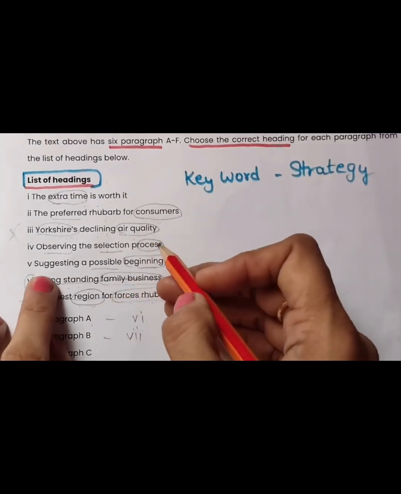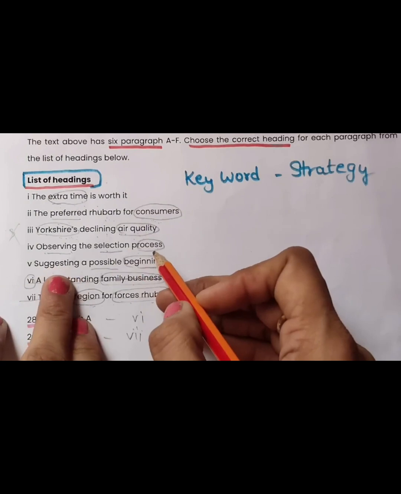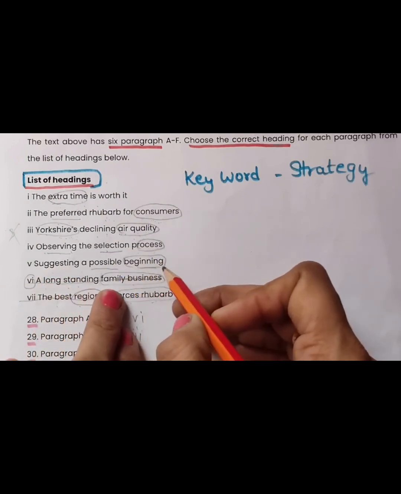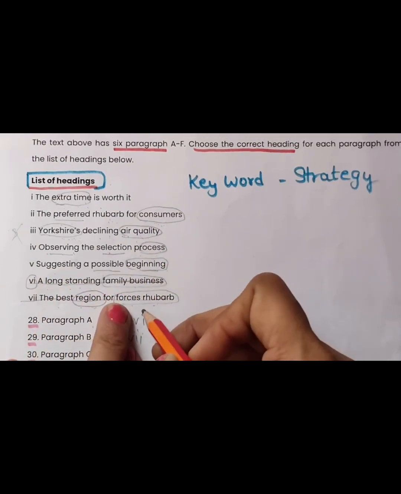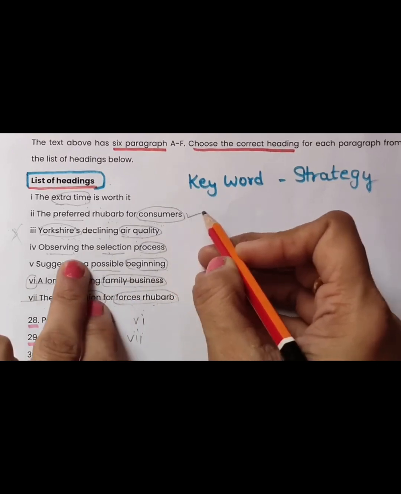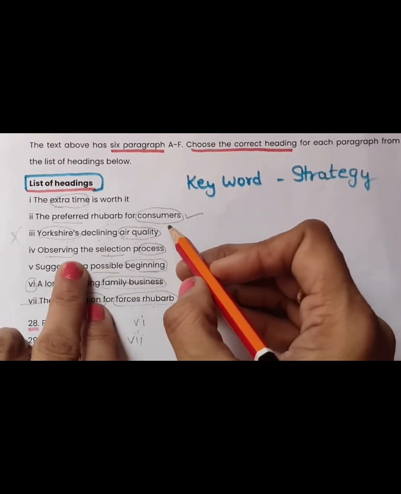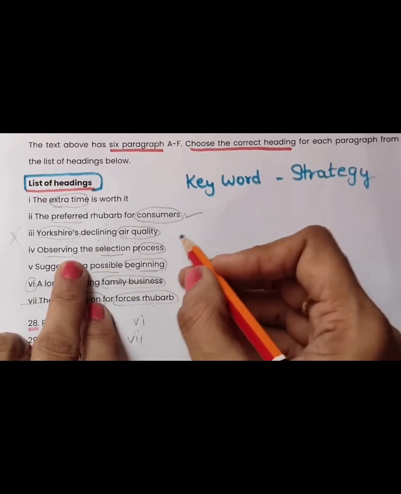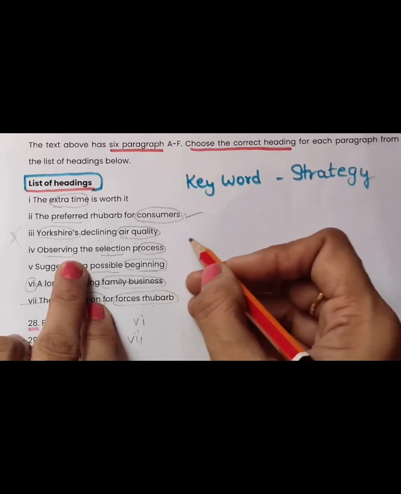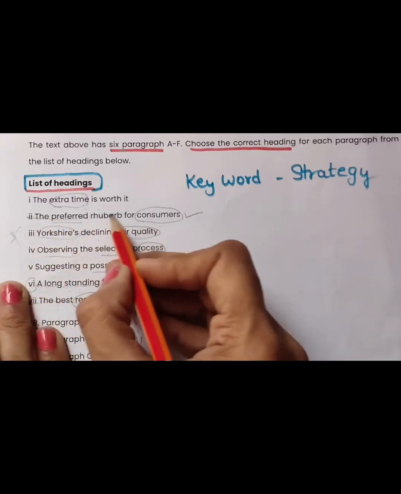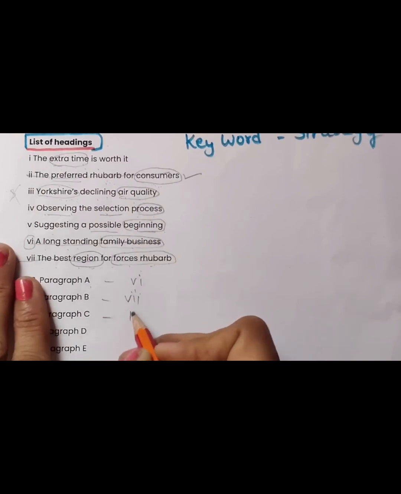Another one, pollution is also not there, selection process is also not there, suggesting a possible beginning is also not there. These two we have selected, so I will go with customer, because in this paragraph they are talking about some product out of that product. So that's why second we will select for that.